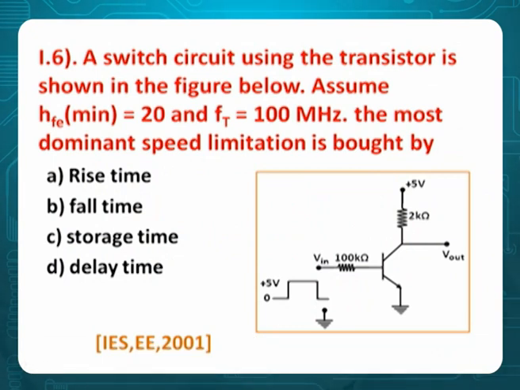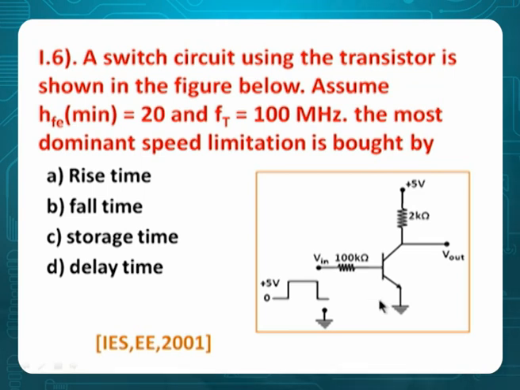Problem number 6. A switching circuit using the transistor is shown in the figure. Assume a minimum value of beta is 20 and fT is 100 megahertz. The most dominating speed limitation is brought by rise time, fall time, storage time, or delay time. First decide which operation it is working in.